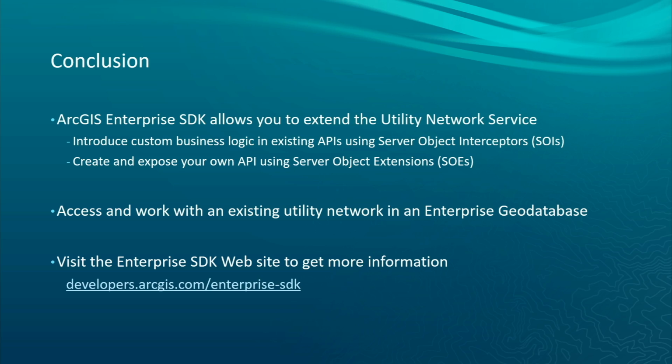And the nice thing about the Enterprise SDK and doing things on the back end first is it can be very powerful from an architectural perspective when you look at your platform story and you're hitting it through desktop apps like Pro, mobile apps that are connected, or even web apps. But it also gives you access to a finer-grained API or SDK than you would normally get through Pro.